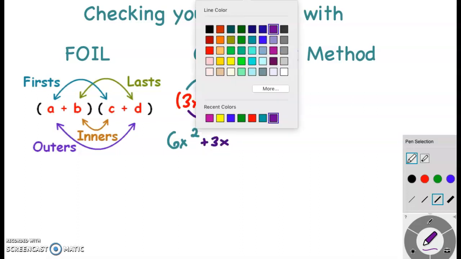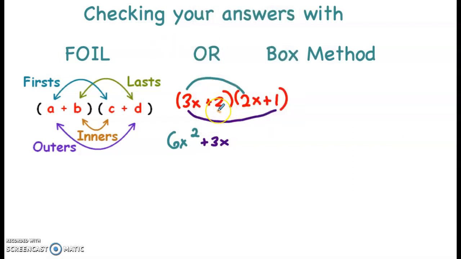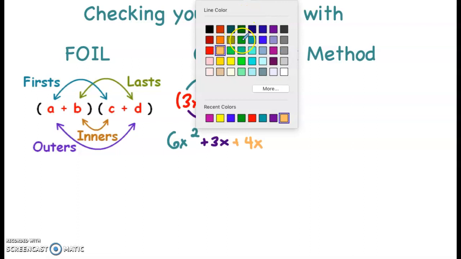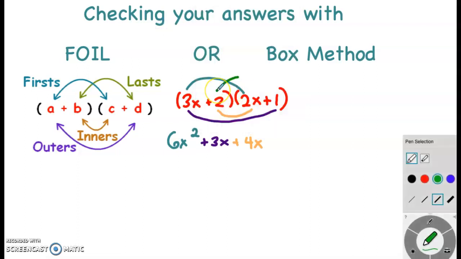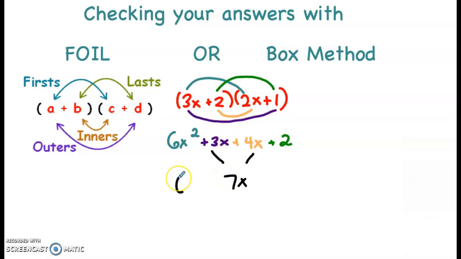The inners are those inside terms, the 2 and the 2x, which is 4x. And then we do the last, which are the 2 and the 1, and we get a 2. Then you look to see what like terms you can combine. These combine to give you 7x, and we get the same thing we started with, 6x squared plus 7x plus 2. That's how you check using FOIL.